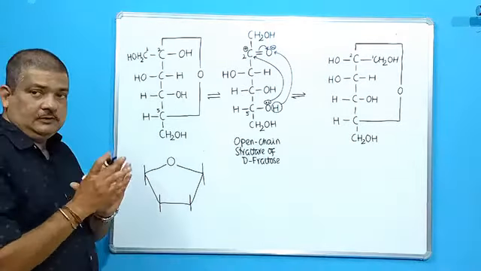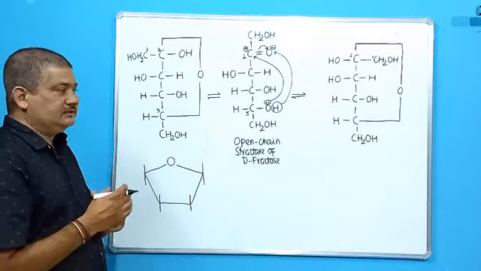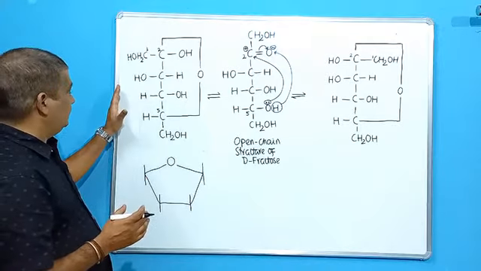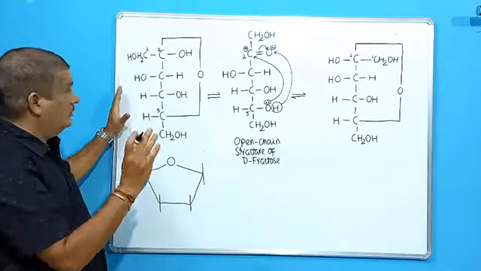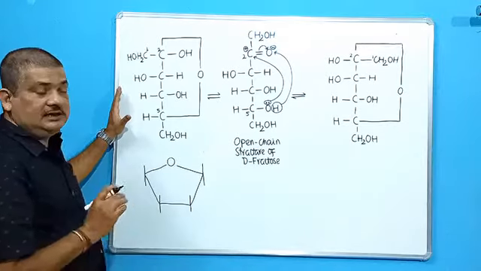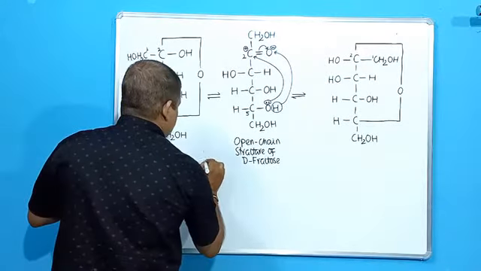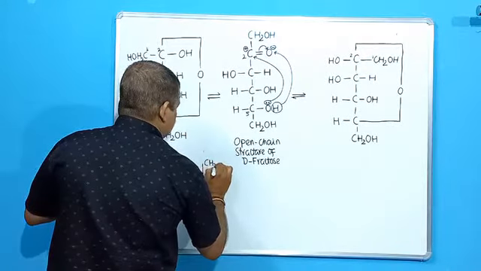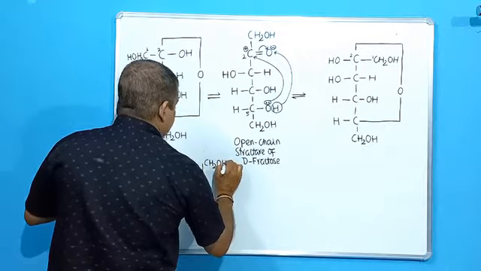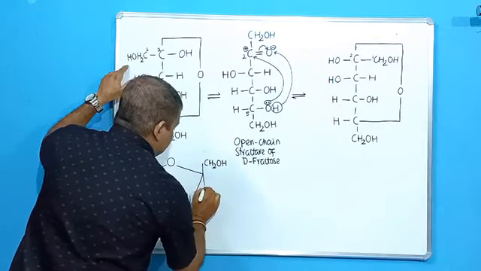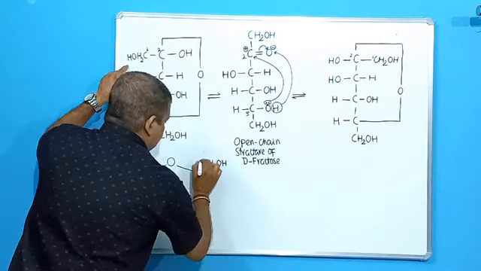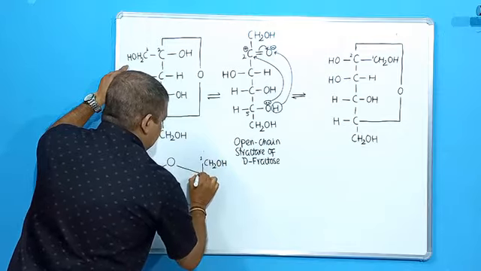What is the key? I told you in the last class to draw the Haworth structure: whatever will be on the left hand side will be at the top, and whatever will be on the right hand side will be at the bottom. Okay. So start from this one. CH2OH will be at the top, then OH here. So this becomes the first carbon atom.